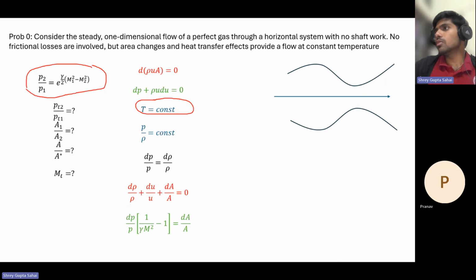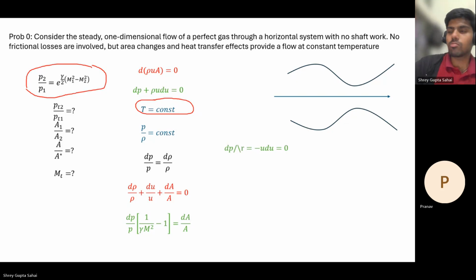I use this green equation, and I wrote it down as this, and you get this, right?